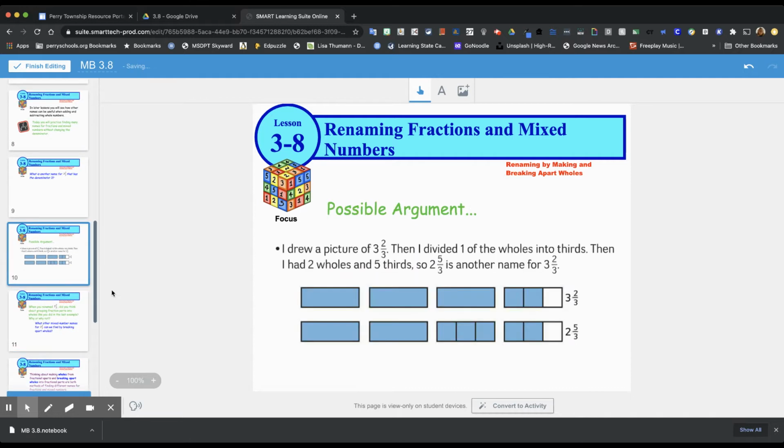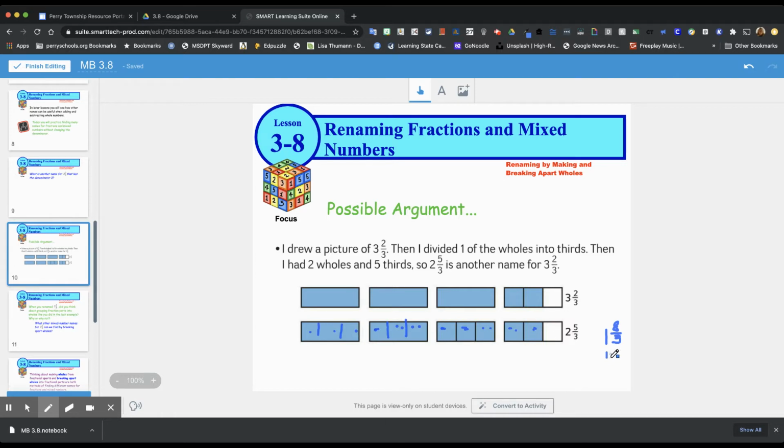So I'm going to come back to this picture here, and I'm going to show you. We could split this one up into thirds, and so then we would create the name 2 and 5/3, and then 1 and 1, 2, 3, 4, 5, 6, 7, 8 thirds. And then if we split this one up again, we would have 1, 2, 3, 4, 5, 6, 7, 8, 9, 10, 11.